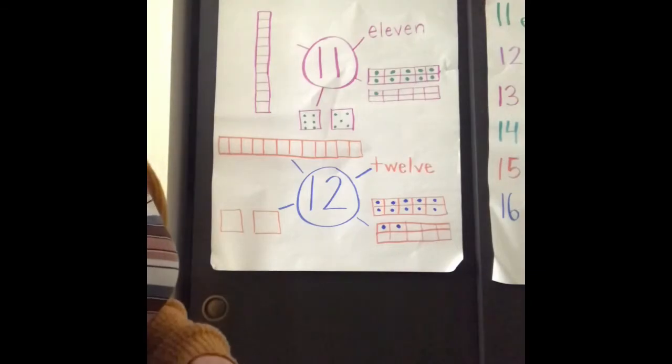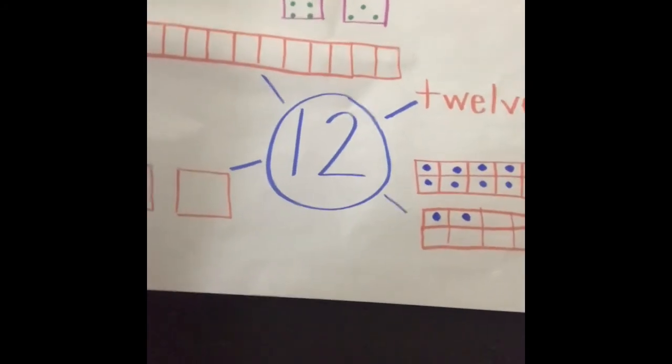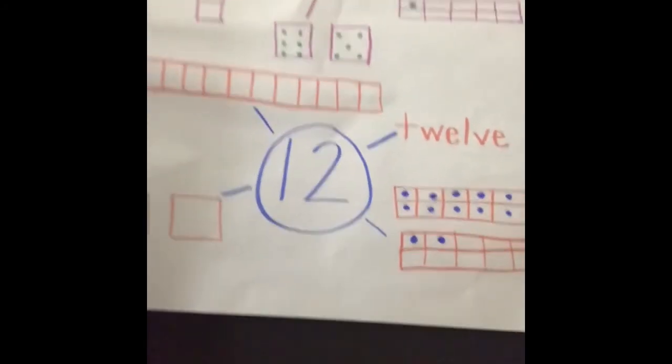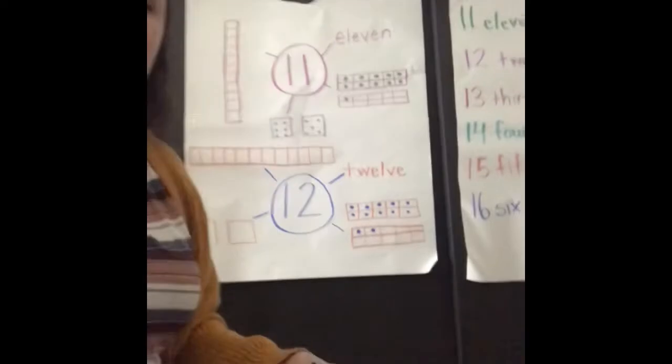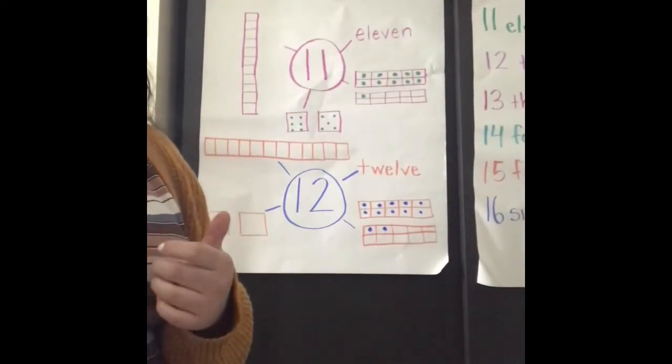Okay. If I know that for 11 I needed 5 and 6, I know that 12 is 1 more than that. And I know a dice can have 6 dots on it.